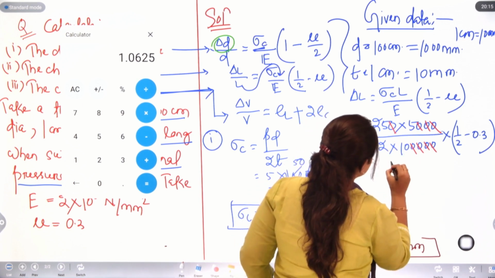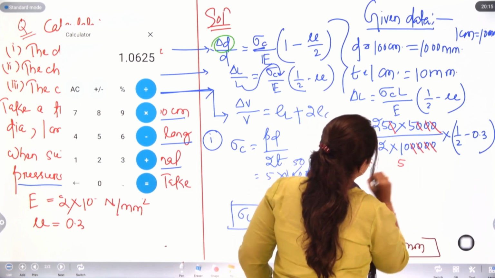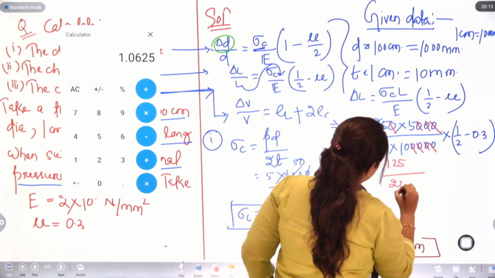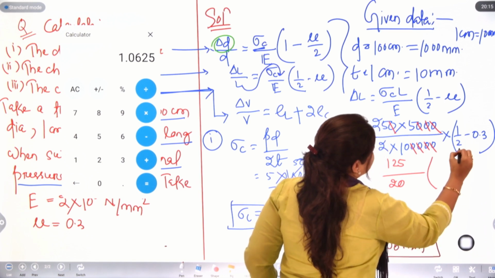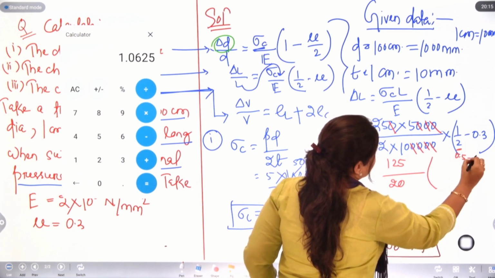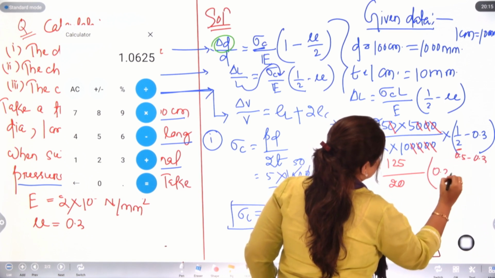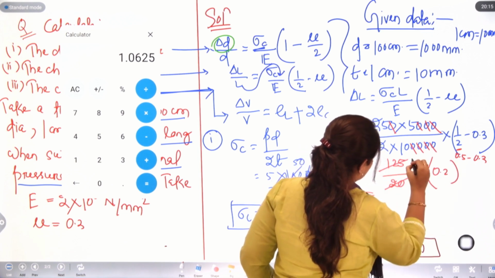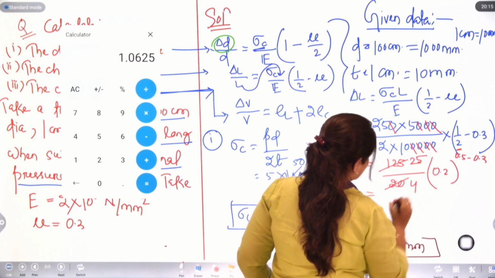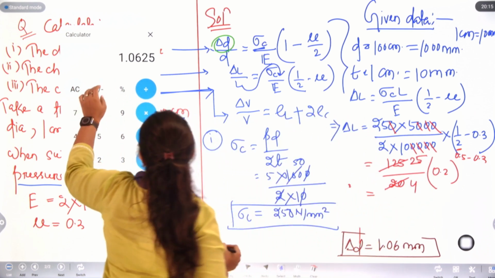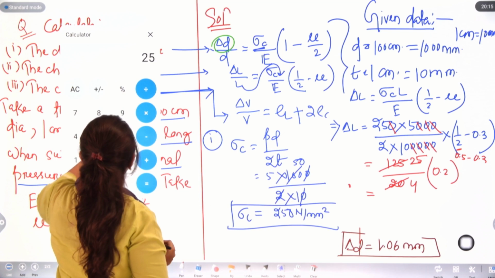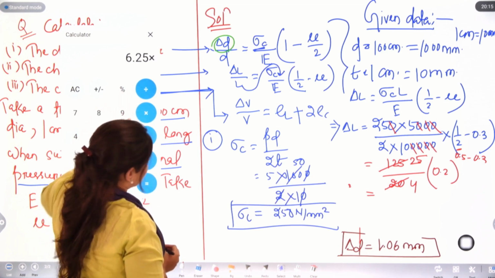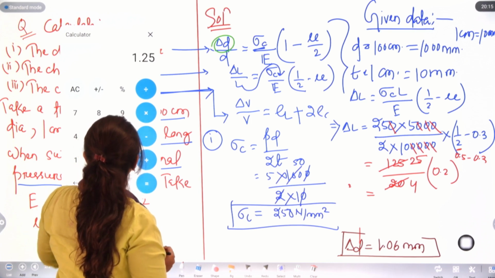We can write it as 125 upon 20. 1 by 2 is our 0.5 minus 0.3 equals to 0.2. (25) divided by 4 into 0.2.